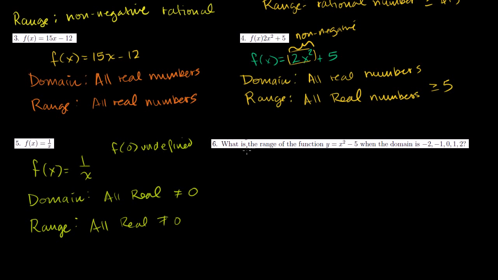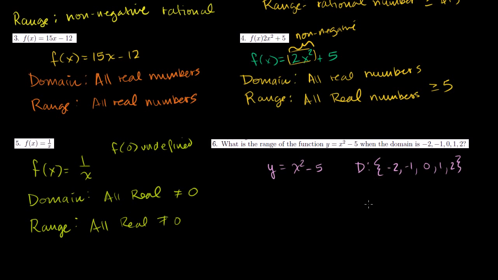All right, problem 6. What is the range of the function y is equal to x squared minus 5 when the domain is, so they're defining the domain, they're restricting it. They're saying the domain is just the numbers -2, -1, 0, 1, and 2.